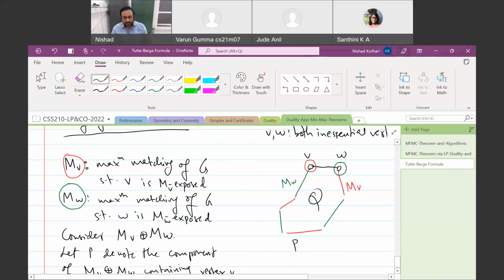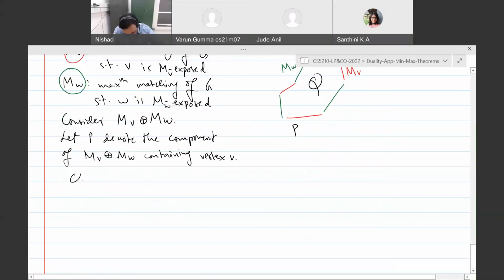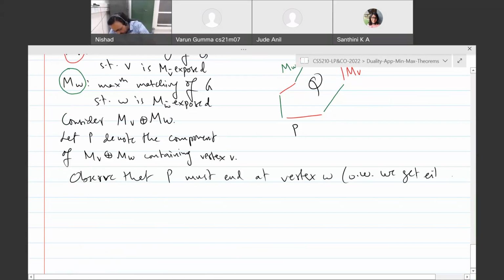Okay, so that is the argument. So observe that P must end at vertex W. Otherwise, we get either an MV augmenting path or an MW augmenting path, both of which lead us to a contradiction.